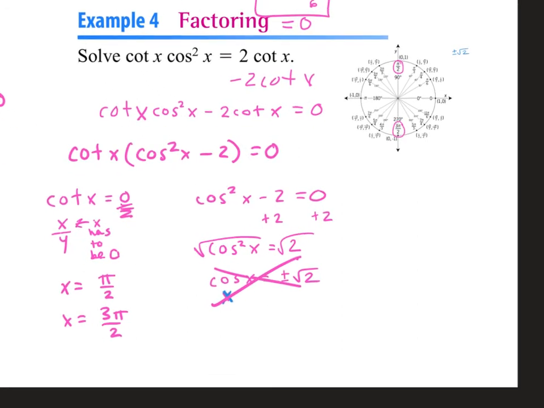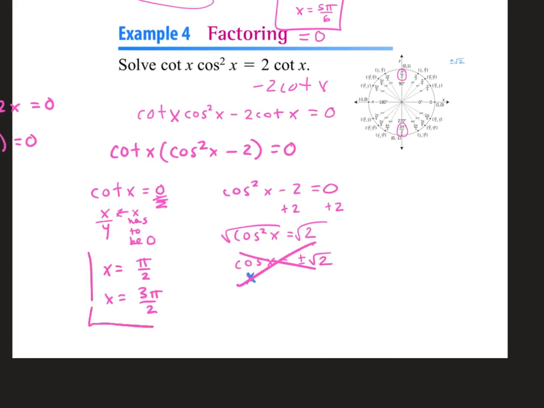Our only two answers are x is equal to pi over 2 and 3 pi over 2. This is not on the unit circle, so we can get rid of it. Ignore it.